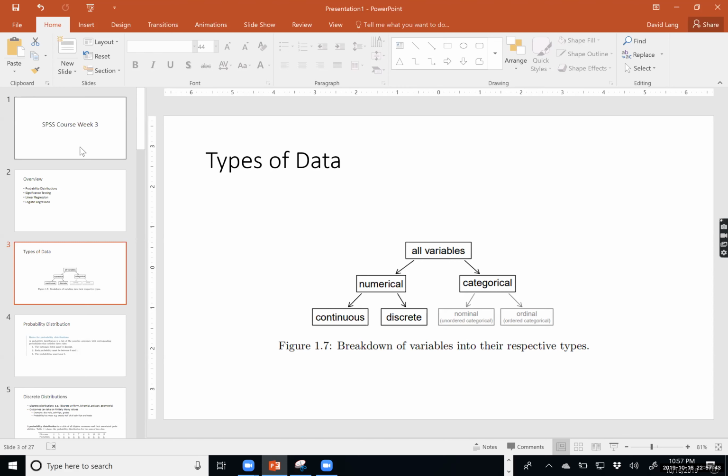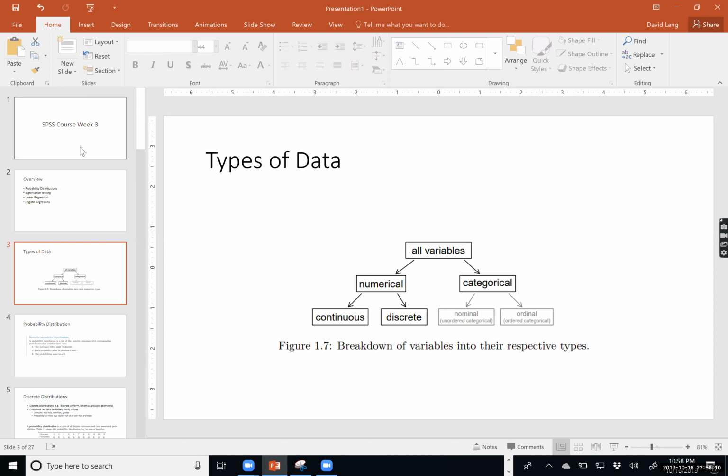Then you have things like discrete numerical data. Those are things like the results of rolling a die or flipping a coin, where there are a fixed number of values that can occur, and we can count them pretty easily. The other types of data that we will work with are what I refer to as categorical.